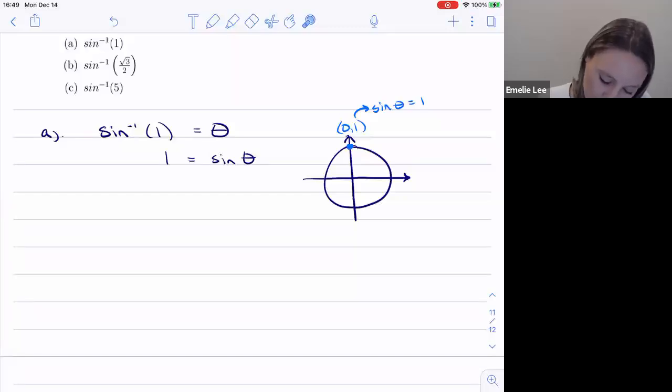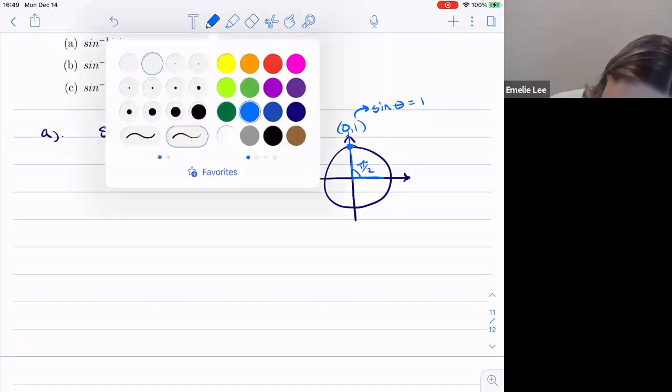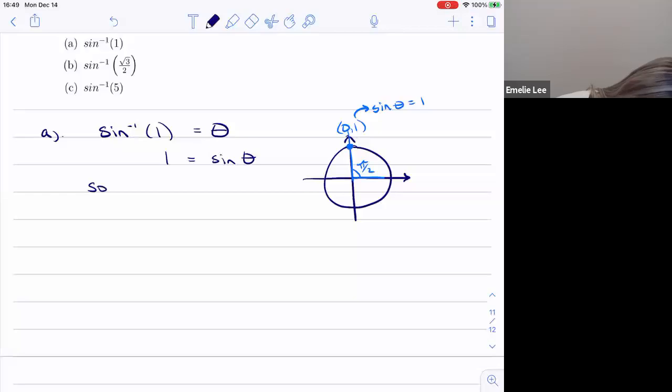So here, right, if sine theta is equal to 1, well, the angle or the point here that makes that happen is pi over 2. So theta is pi over 2.